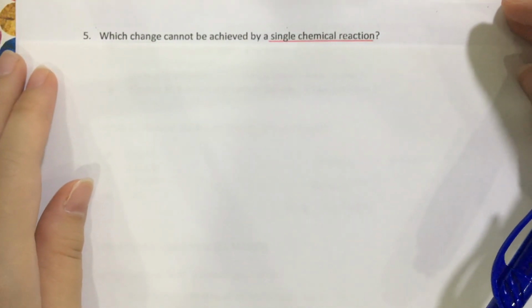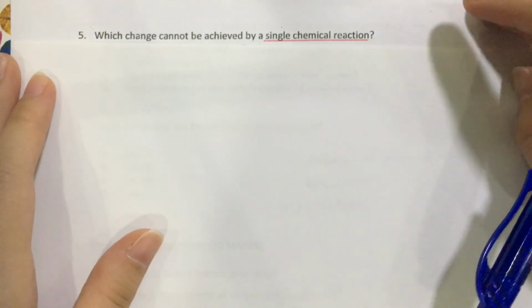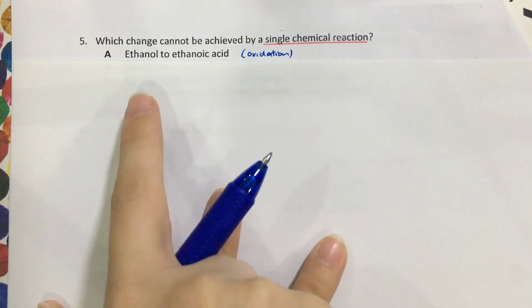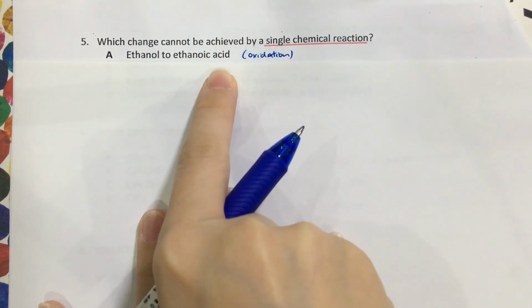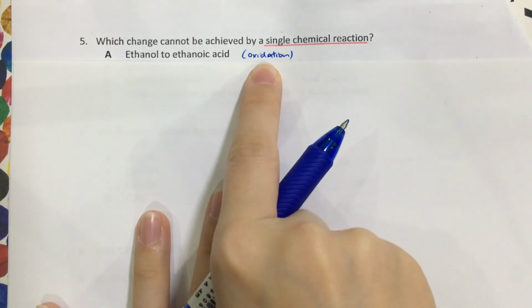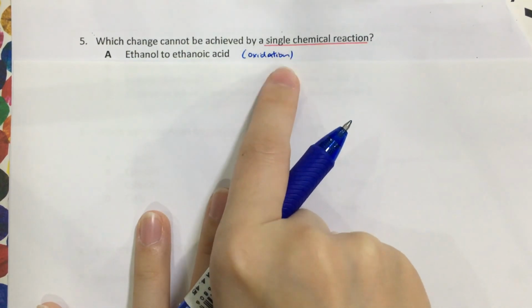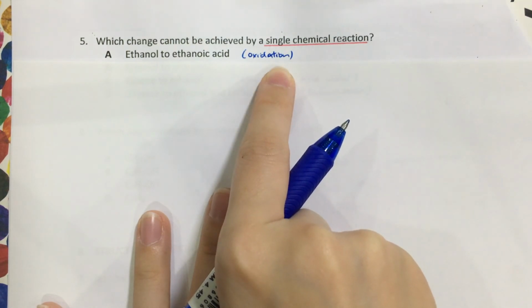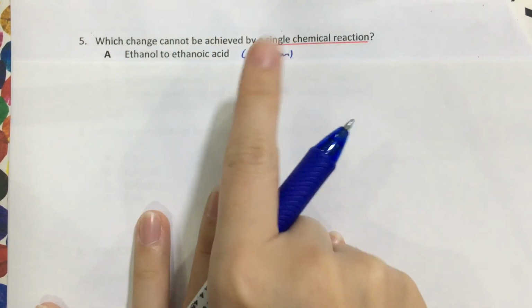Okay. Next question, which change cannot be achieved by a single chemical reaction? So, we look at the first one. How does ethanol become ethanoic acid? It is by oxidation, either by bacteria in the air or by adding an oxidizing agent, for example, potassium manganate. So this is one reaction, oxidation.